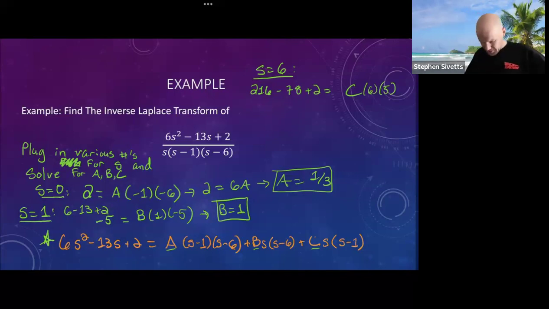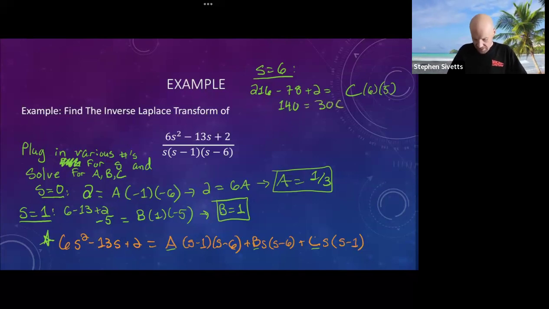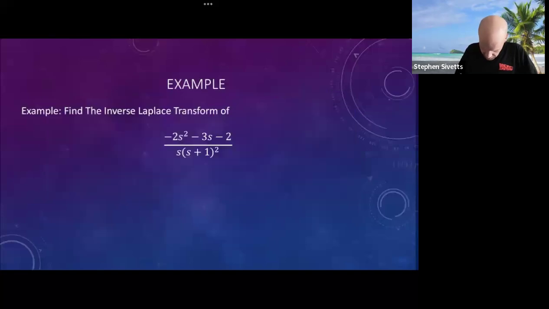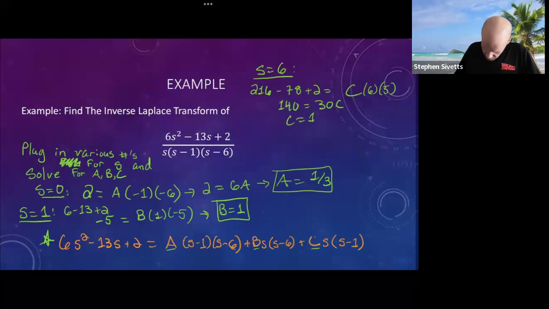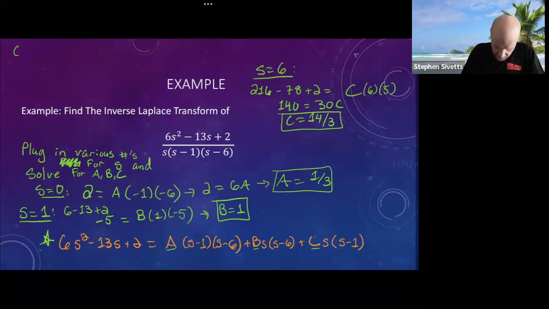So 216 minus 76, that's 140, equals 30 times C. And so C is equal to 14/3. All right, so what this tells us is that we had our partial fractions decomposition form like this, s minus 1 times s minus 6.